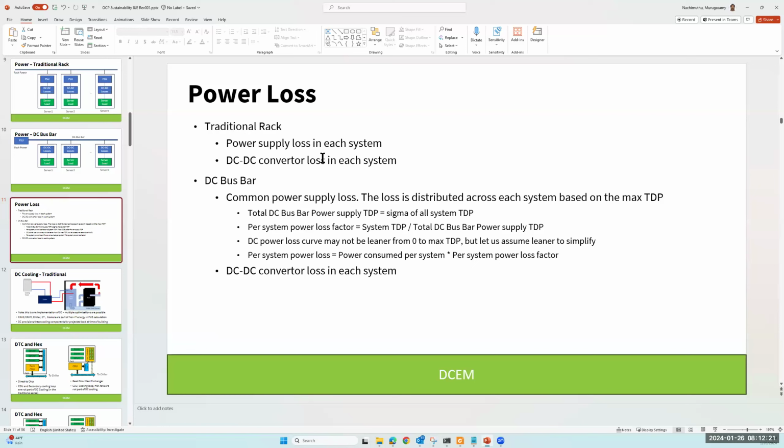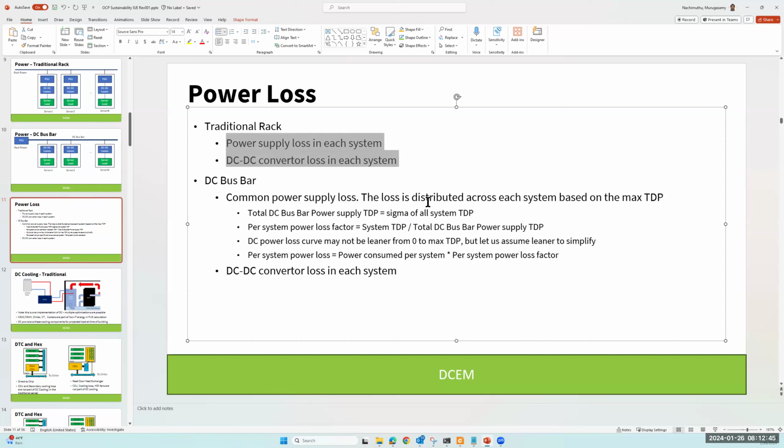If it's heterogeneous, maybe you have 2U and 4U systems all mixed up, a different power supply is going to be there. So you can say loss per system, and also DC-to-DC converter loss in each system. It's system-level accounting, and you sum them together for a rack level.